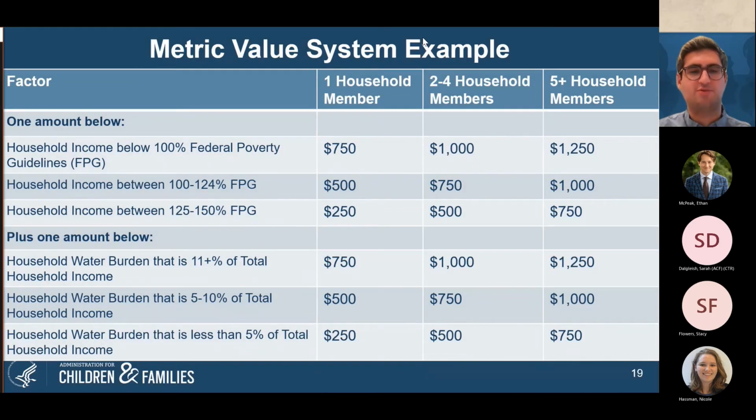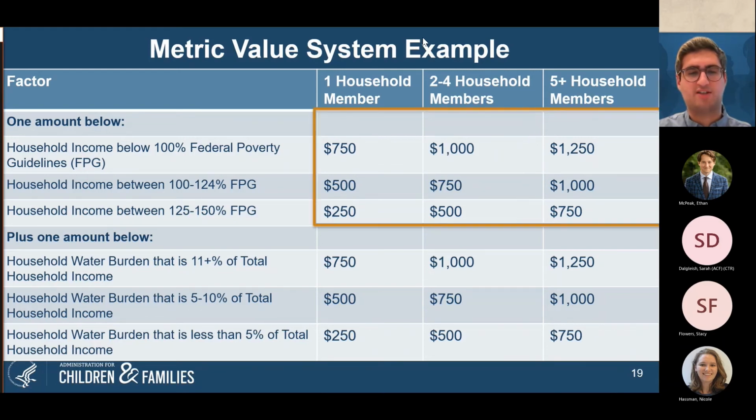Now we'll review an example benefit matrix for the monetary value system, which utilizes similar factors as the point value system, but totals dollar amounts instead of points. This first factor awards points based on the household income. The household income is based on the federal poverty guidelines. Based on income and the number of household members, an amount is given.